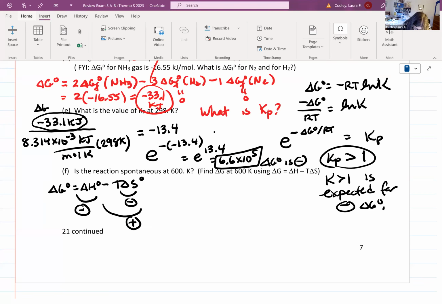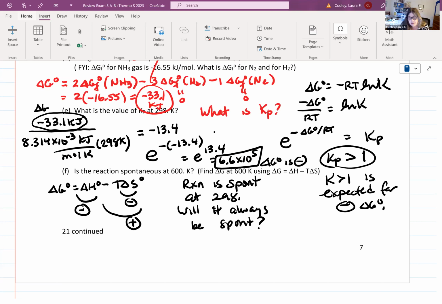The reaction is spontaneous here at 298. Will it always be spontaneous? What's the answer to that?